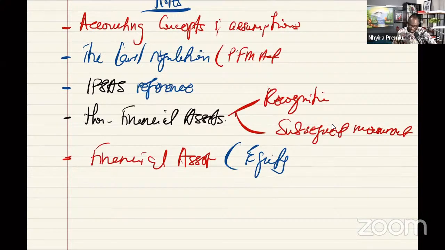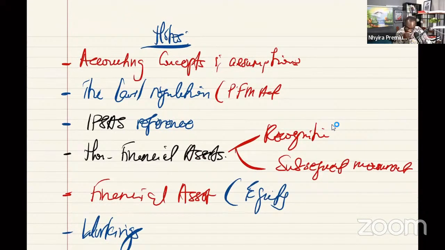All those things will be disclosed there. Then definitely the workings will be part of your disclosure. The workings you will do for tax revenue, non-tax revenue, personnel emolument, depreciation, or what we call capital consumption, all those workings will be part of your disclosure requirement.